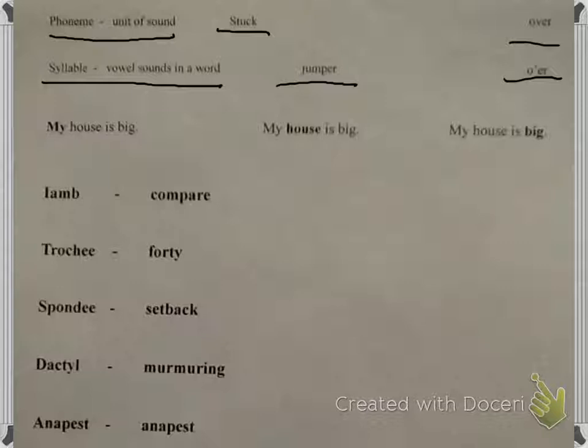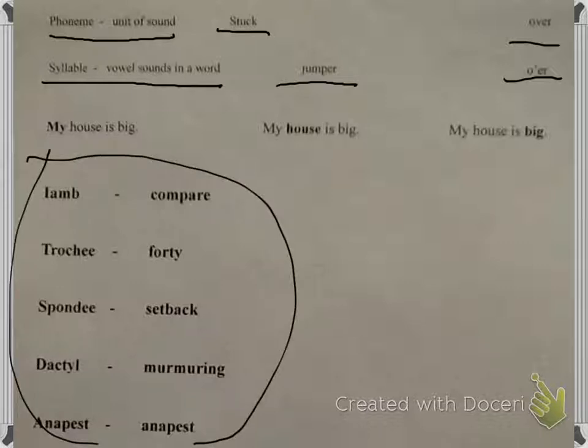So as we move forward, we're going to want to really be looking at two-syllable words and more, because those have the stress mark pretty well set. Now, how do we figure these out? As you can see from right here, I have five patterns that we're going to focus on.